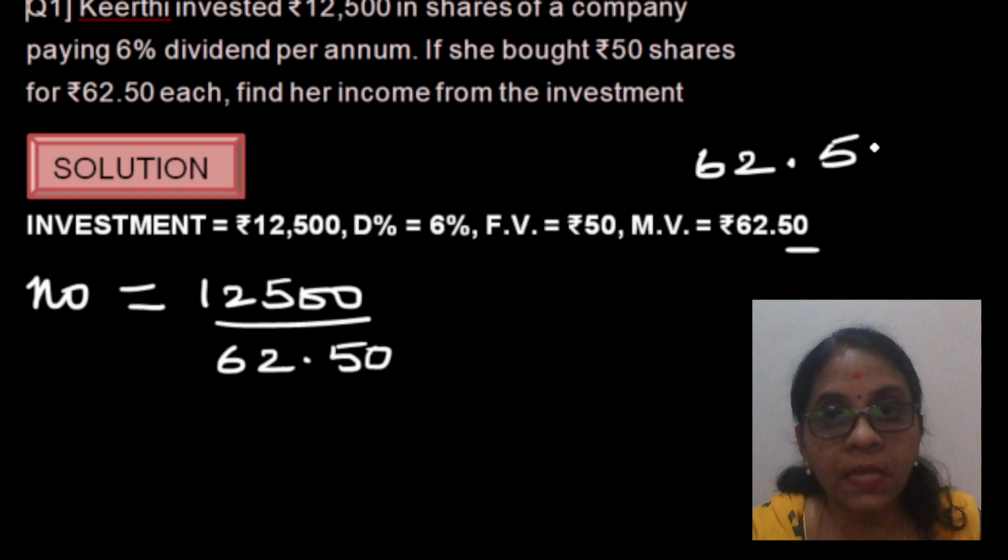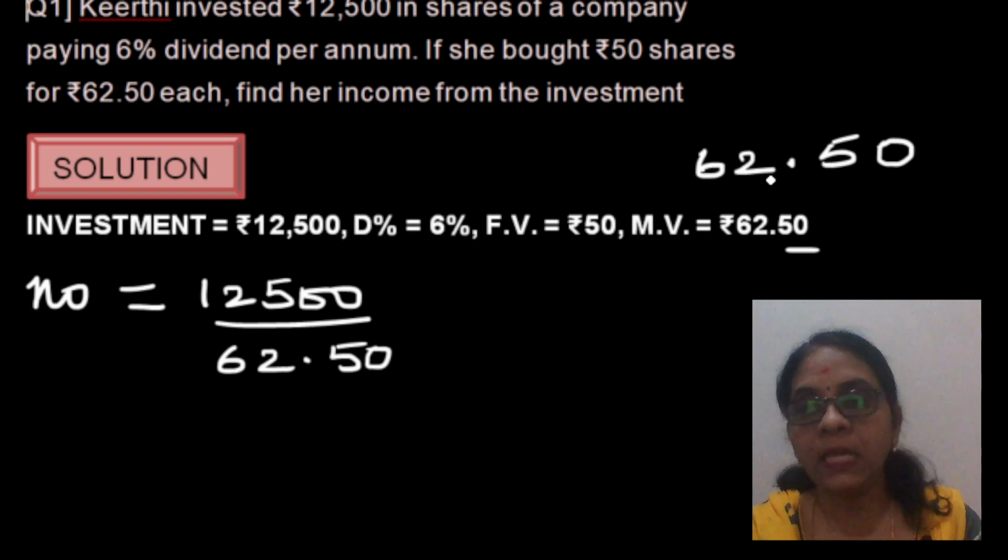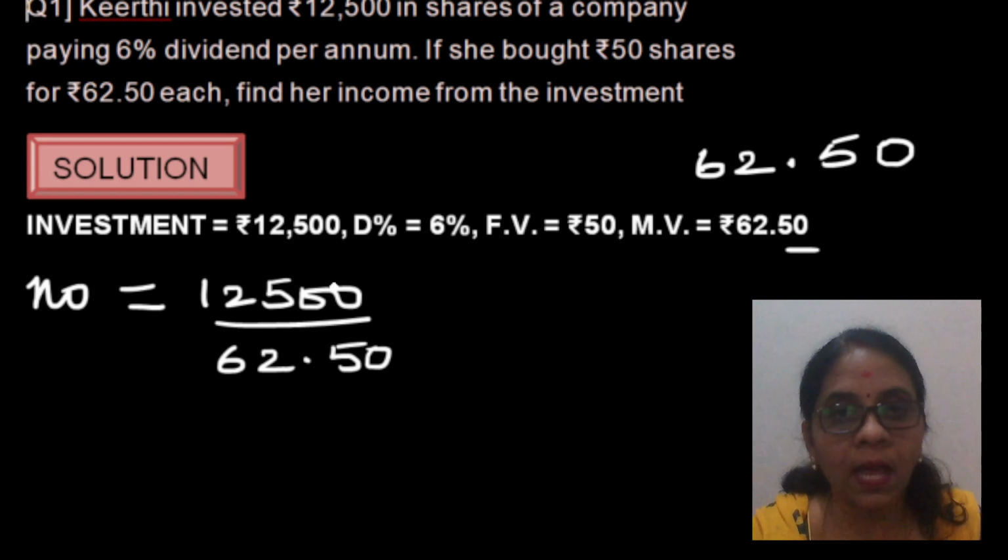So please make it a habit of writing two places of decimal when it is the price, or an amount of certain article or cost of anything whatsoever. So this 12,500 by 62.50, the number of shares if you calculate comes as 200.